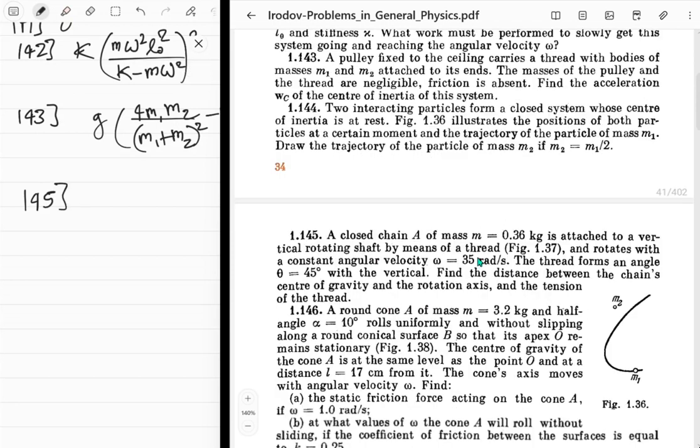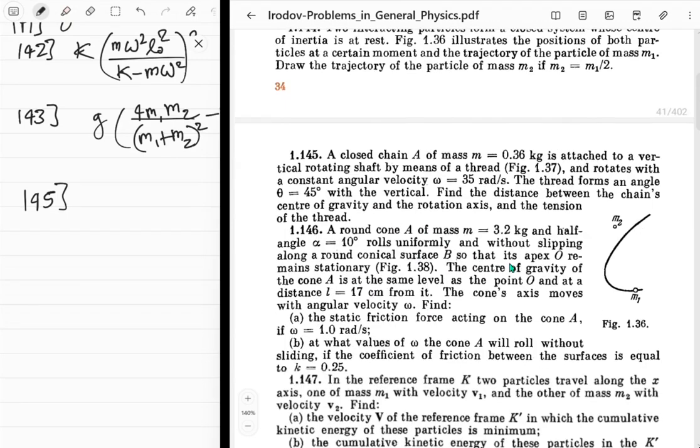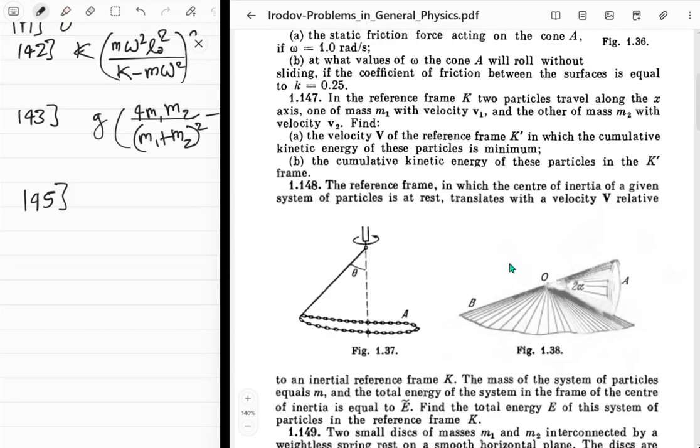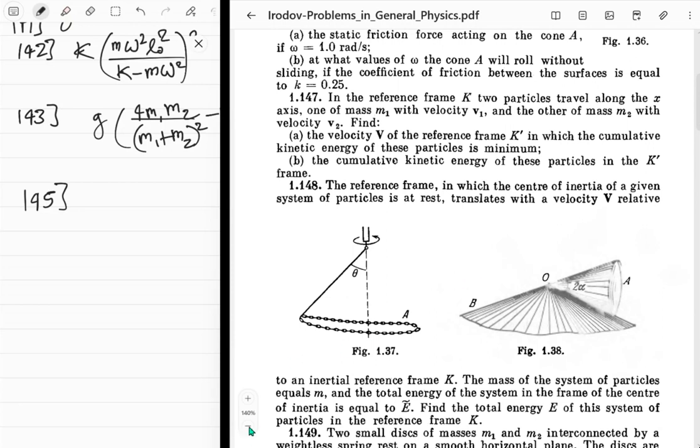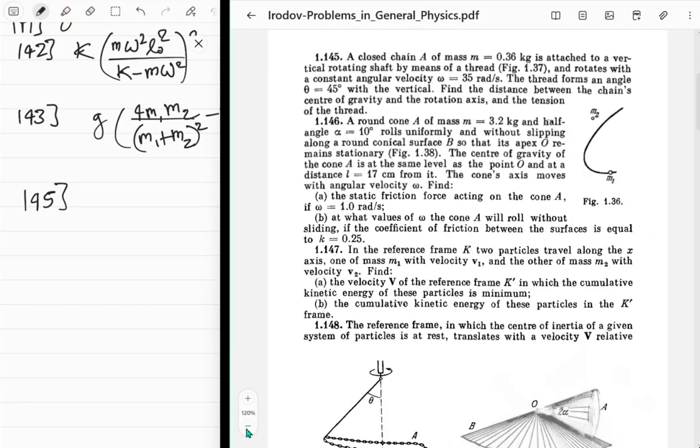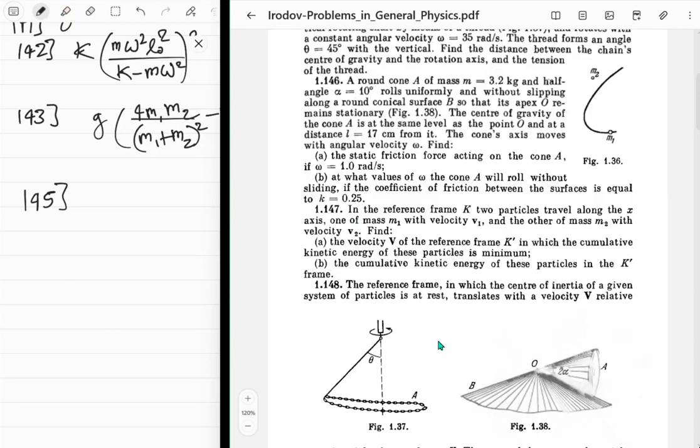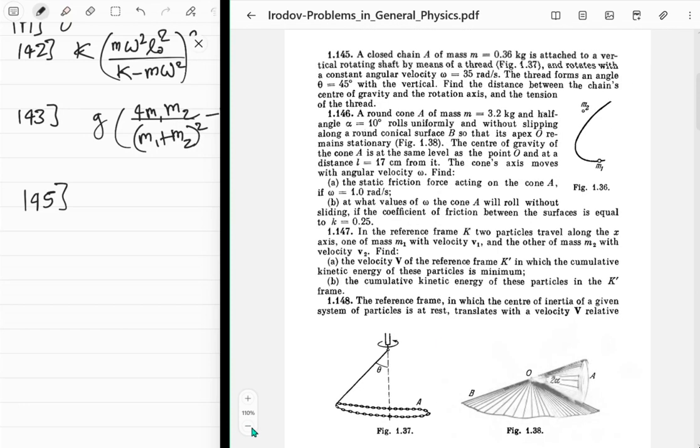Okay, a small chain A of mass m equal to 0.36 kg is attached to a vertical rotating shaft by means of a thread, Figure 1.37. Just zoom out a bit. 1.45, right? Zoom out even more.